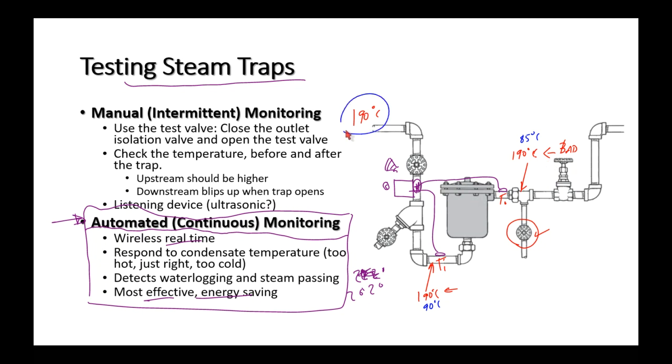But wait a minute, my steam is 190, my saturation temperature is 190, and I got 90 at the inlet, and I got 85 at the outlet. What's going on there?